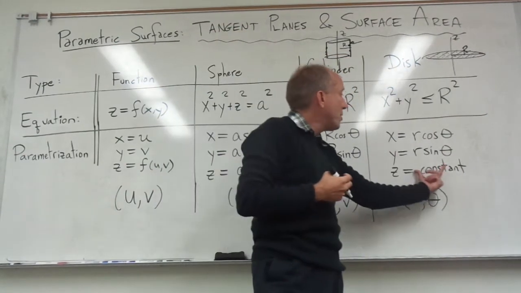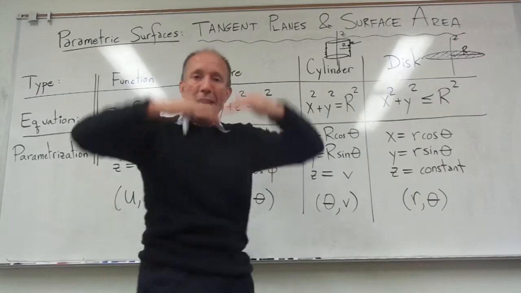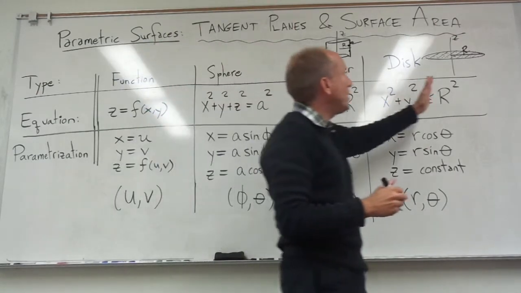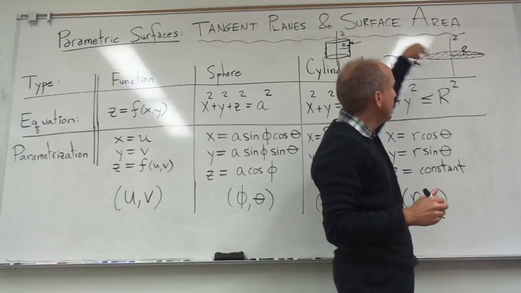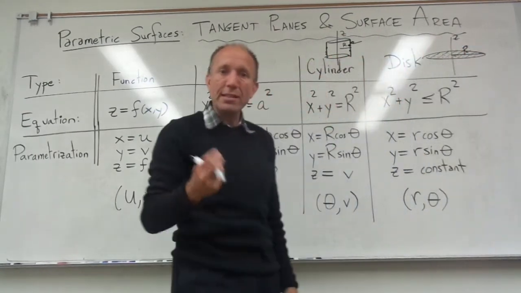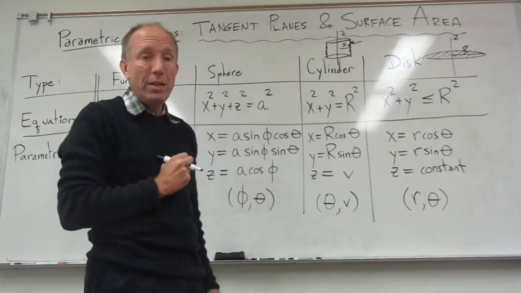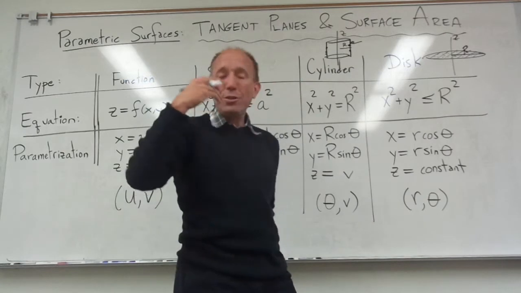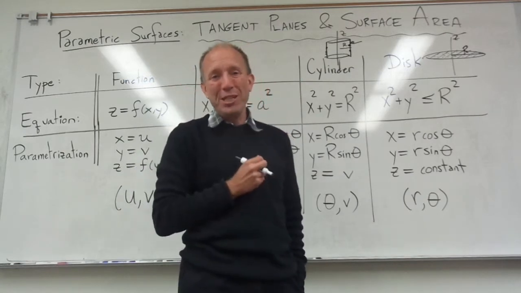This time, the z value, how high is that disk above or below the xy plane? That's just a constant. You can see here from the picture that the z coordinate of every single point that's in that disk is always the same. So I don't need a parameter to describe z. I just need to write down a number for z.